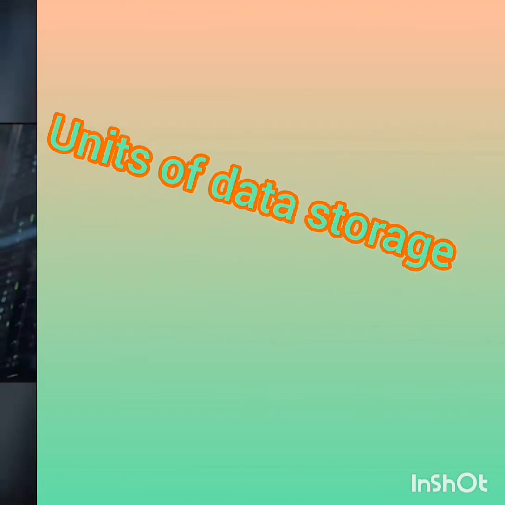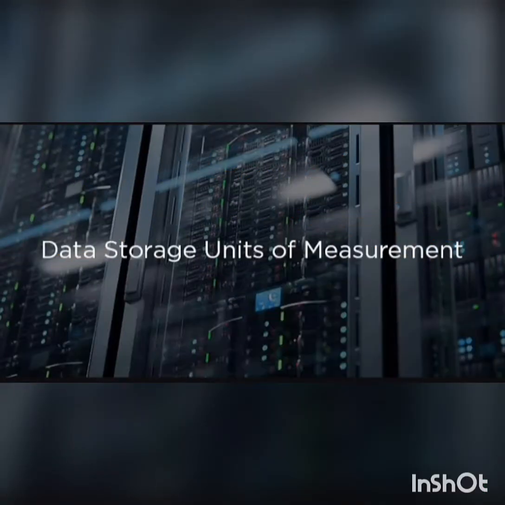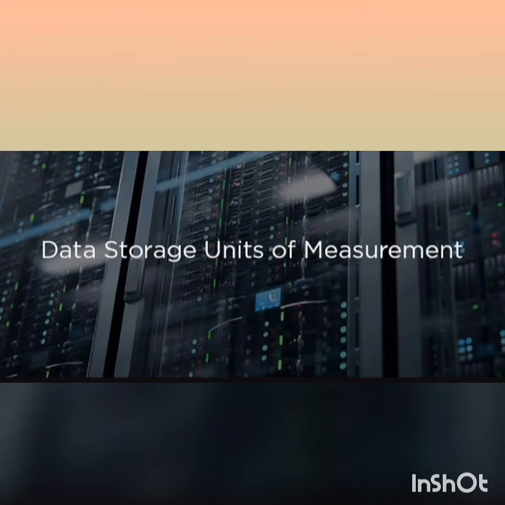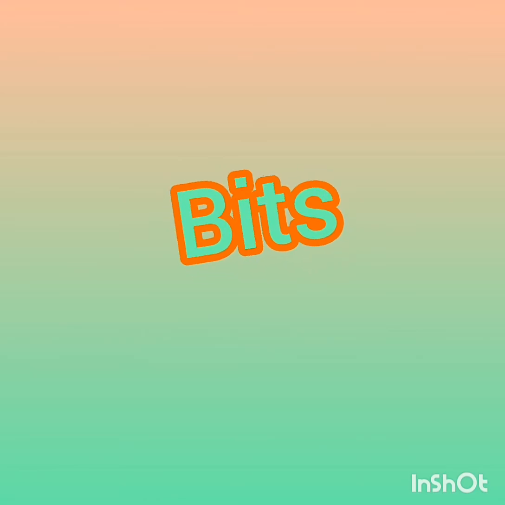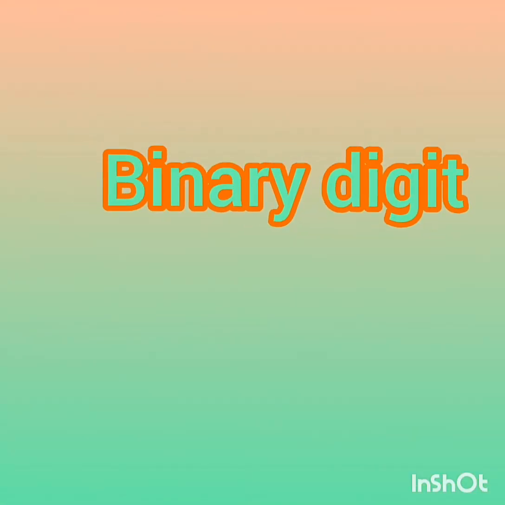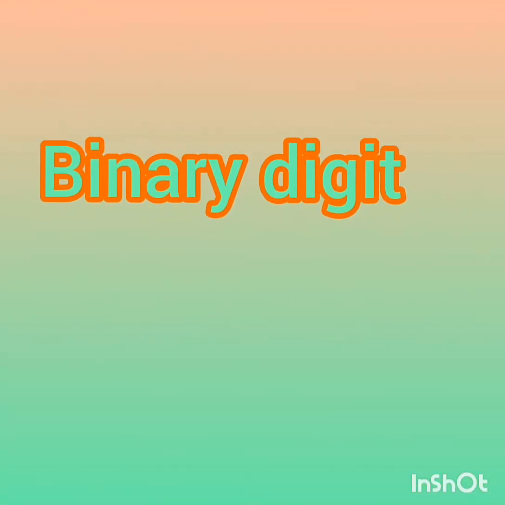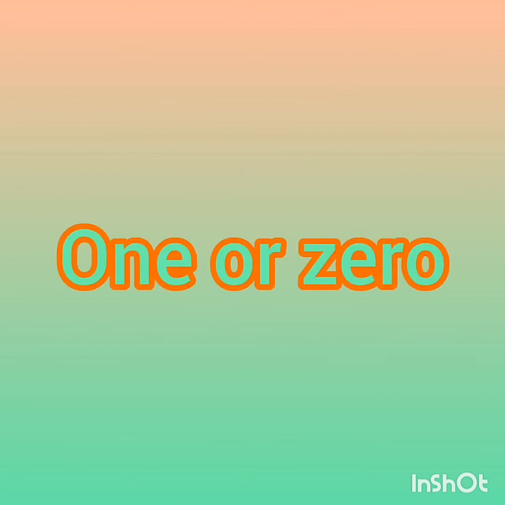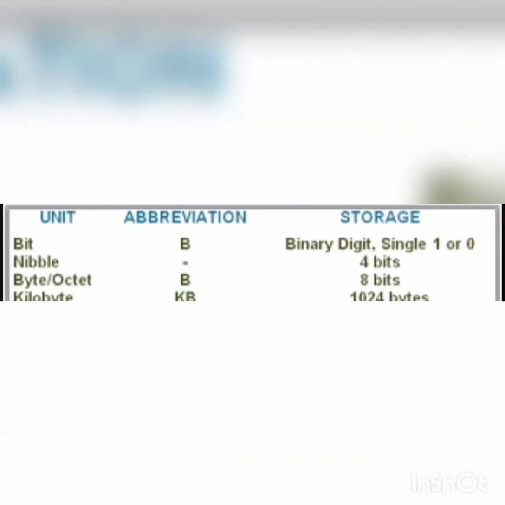Units of data storage. The basic unit of the capacity of data storage devices is the byte. A byte is 8 bits. Bit is a word formed from binary digit. A bit is a value of either 1 or 0. You have studied about these values in the unit on programming.